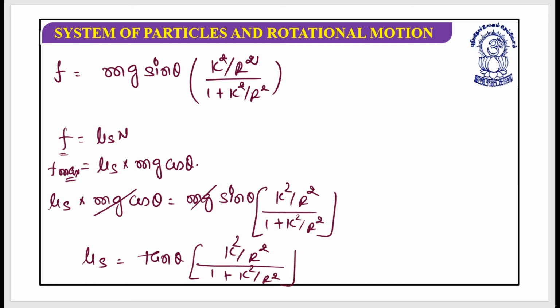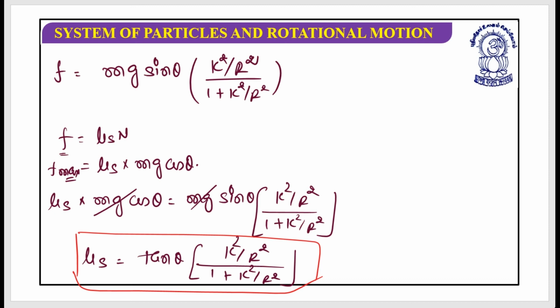This is mu s. You must remember this formula as well. It's the coefficient of static friction required for the rolling motion of each and every individual object. I hope this is clear.